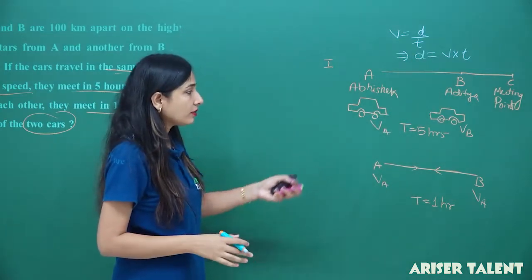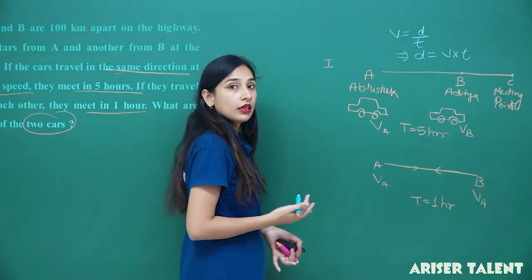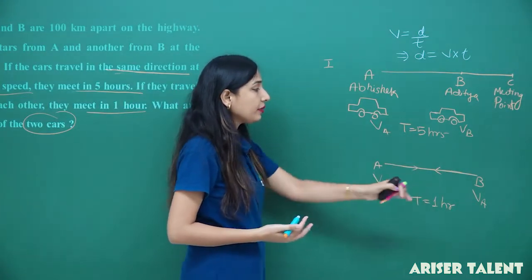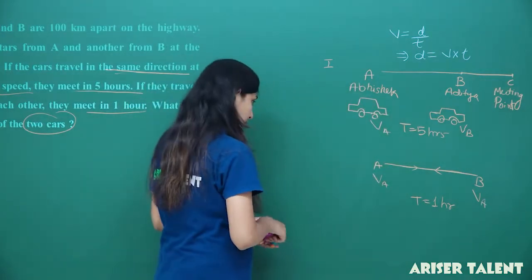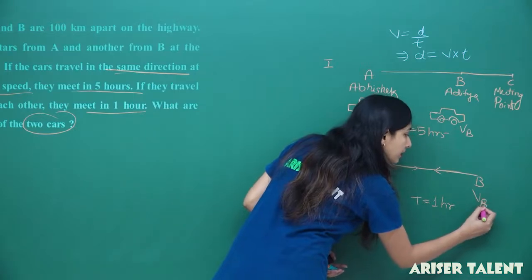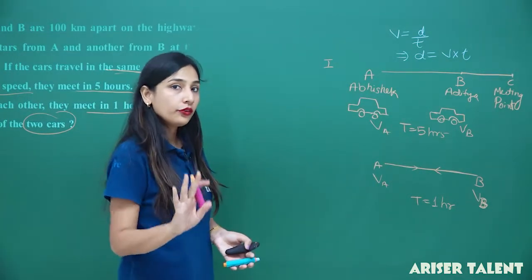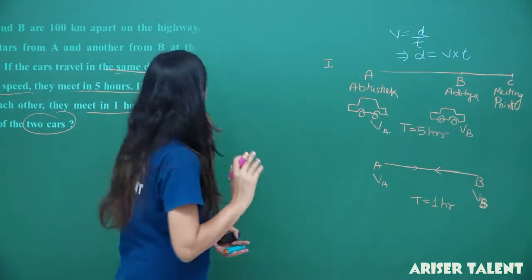Because we know about some distance, they are asking us to tell the velocities of these two, VA and VB. So what are the values of VA and VB? The question is basically asking this. Now you have cleared in your mind what it is saying.